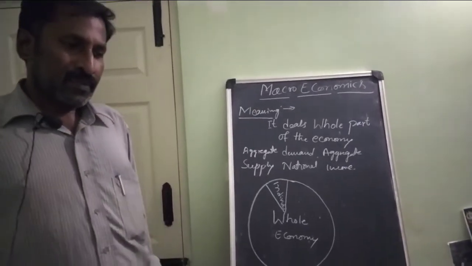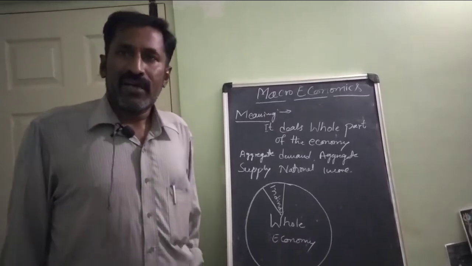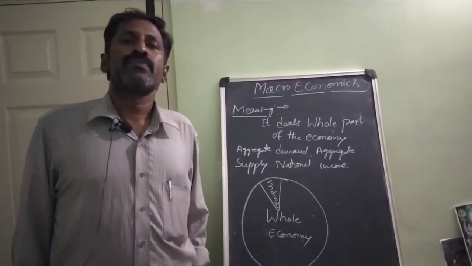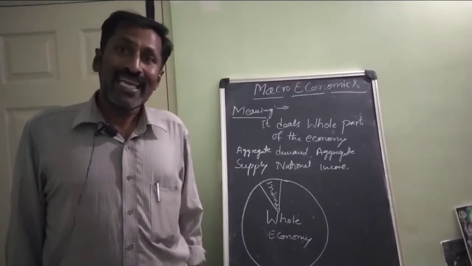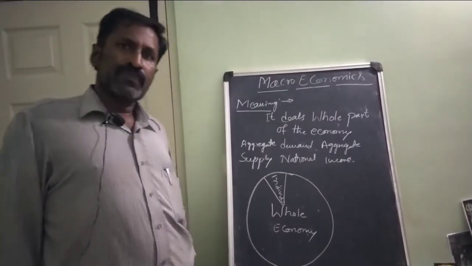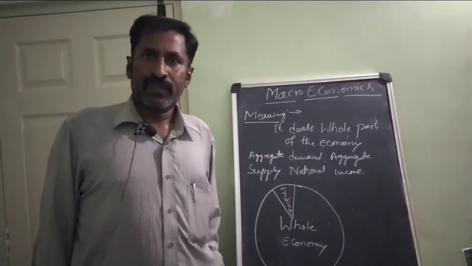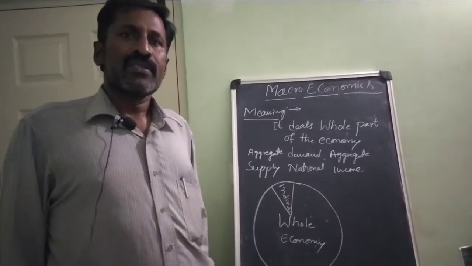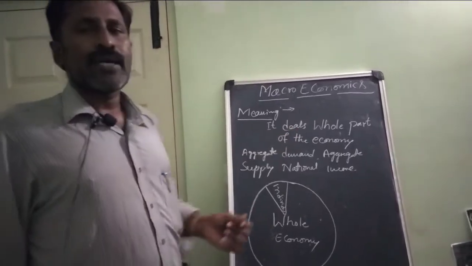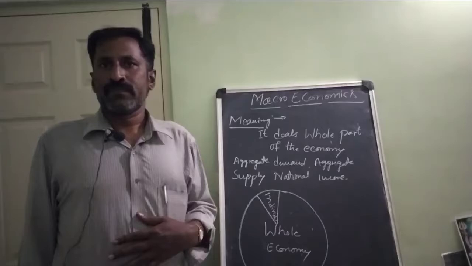So in micro we understand only individually and personally, but macro considers the aggregate or total. In economics we say aggregate, total, or the whole part of the economy.